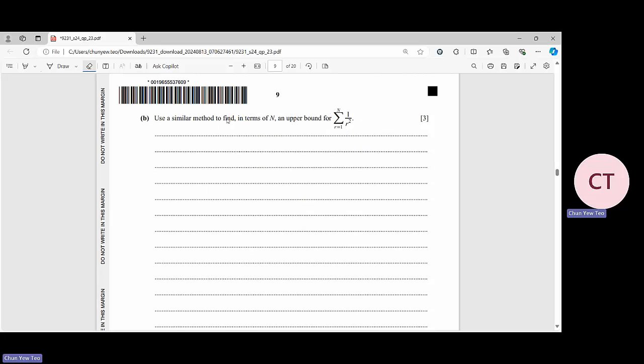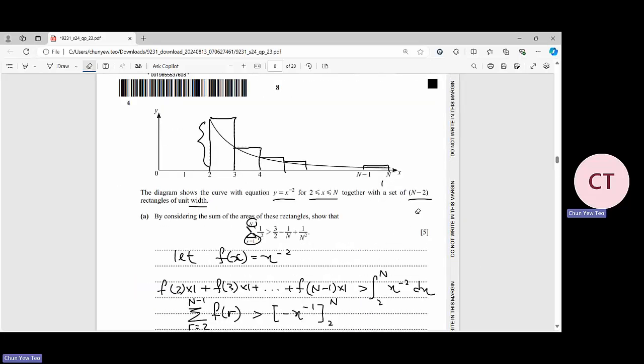In order to get the area of the rectangle lower than the graph, the rectangle that you draw over here must be shorter, like that. So you must use this rectangle.